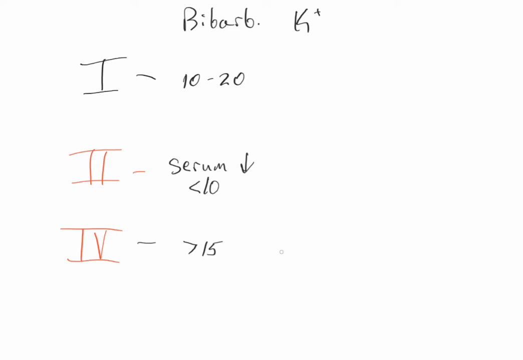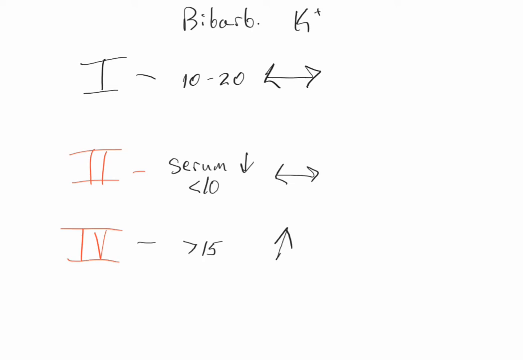And so we're going to have high serum potassium in type 4 and normal potassium in types 1 and 2. Now, type 1, this is the one with hydrogen secretion issues.